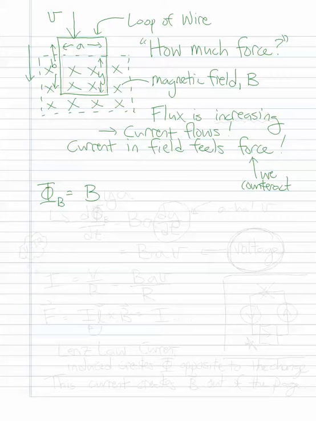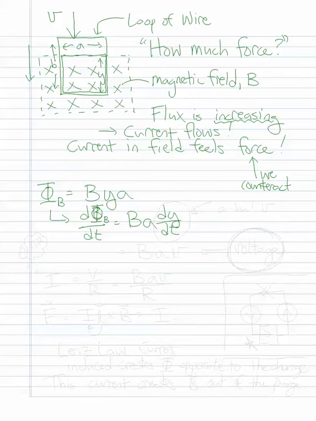Okay, so we have the amount that's actually in the magnetic field, that's this part. That is y times A. Oh, here's the cool part. The cool part is that the flux is changing. The flux is increasing. So the rate of change, here we go. The rate of change of the flux is, well, the B doesn't change, and the A doesn't change, the width of the loop, but the amount that's actually in the loop, that part is changing.